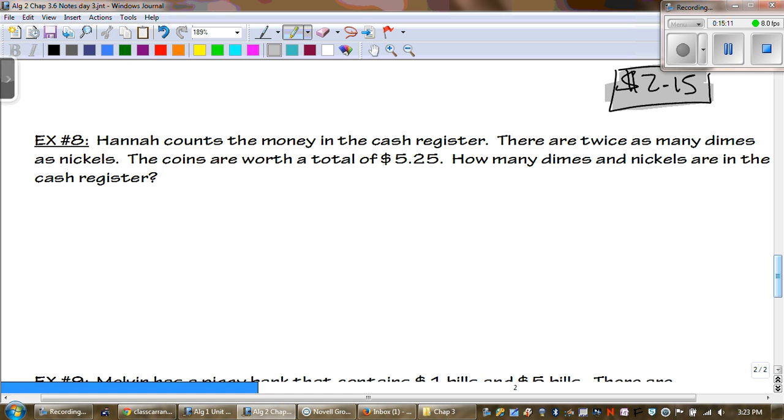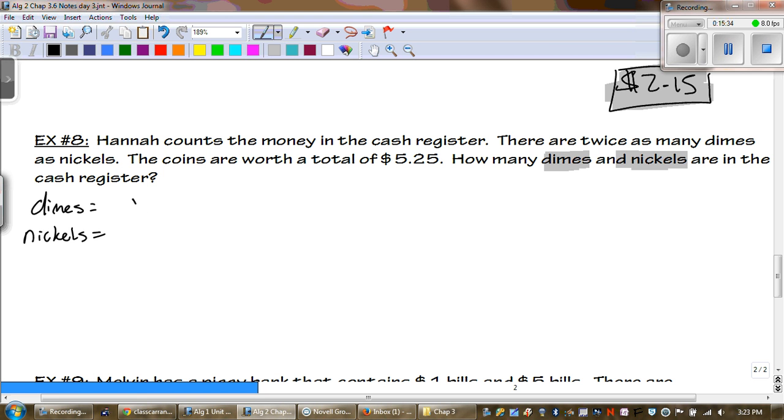Okay, so the first thing that I noticed is that they're talking about dimes and nickels. So I'm going to write over here dimes and nickels. Remember, this is the first step that we do.